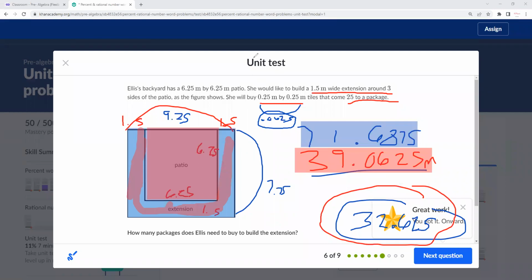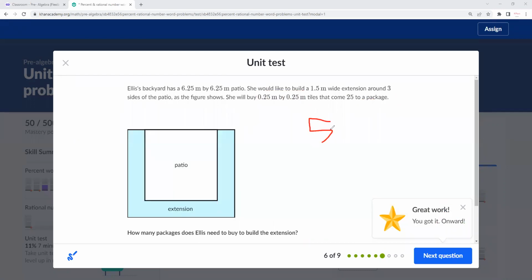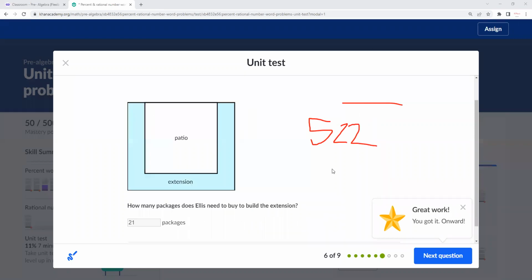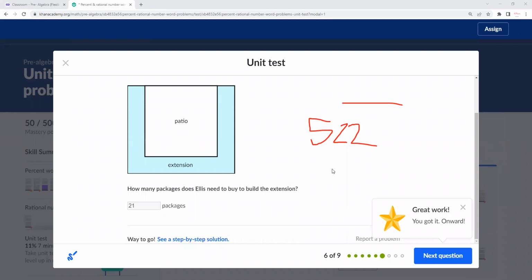I then found the area of each tile, which was 0.25 times 0.25, which gives me 0.0625. I divided 32.625 by this number, and I figured out that I needed 522 tiles. 25 come in a package, so I divided that by 25. I rounded up, right? Because you need to buy a little extra, and I got 21.